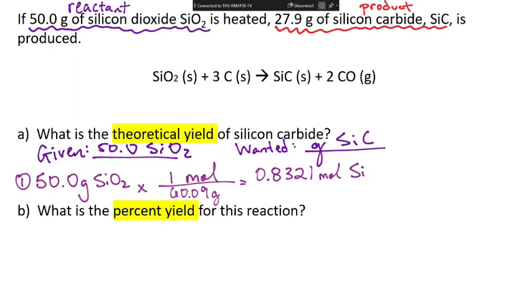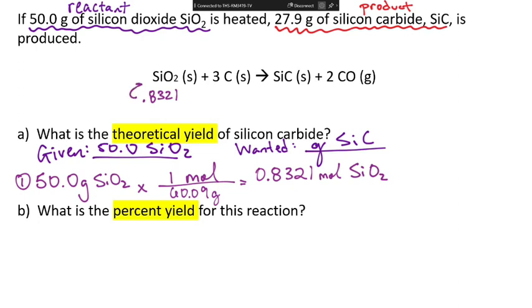Now, this substance is still the SiO2, because in step 1 I just changed it to moles, but it's the same thing. Then I'm going to go back up. I can tell this reaction's balanced because they already gave me a couple of coefficients, so I can assume it's balanced. If I have 0.8321, I'm going to put that underneath silicon dioxide there.